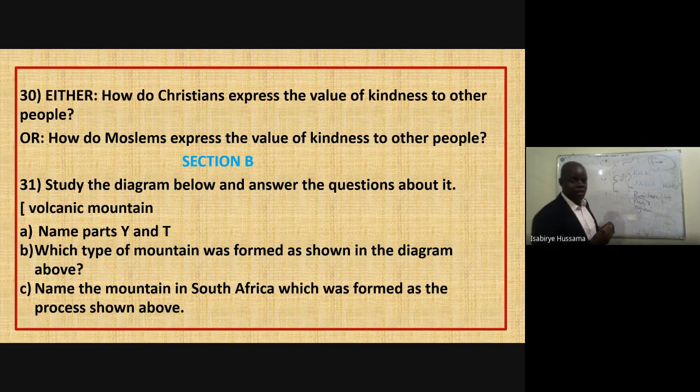K is for Karimojong, Iteso, Langi, and Kumam. Take note that the Kakwa don't lie here. Some books were giving us the Kakwa also, but we don't bring the Kakwa here. The Kakwa are now proved to be Sudanic.